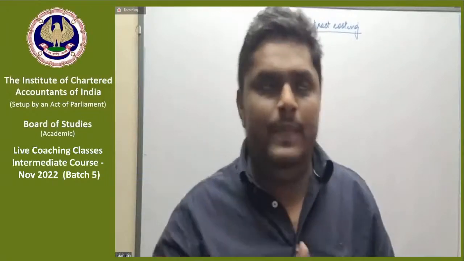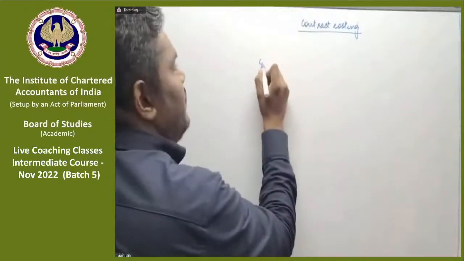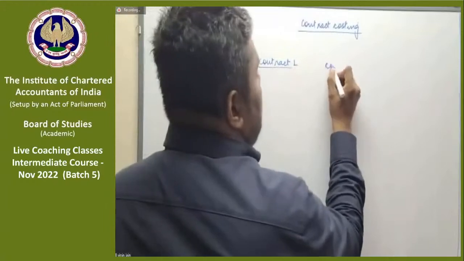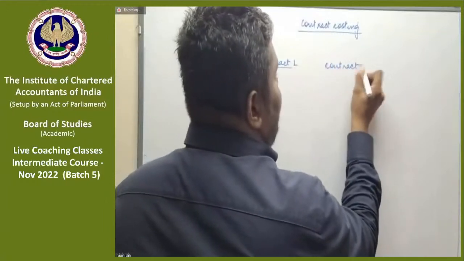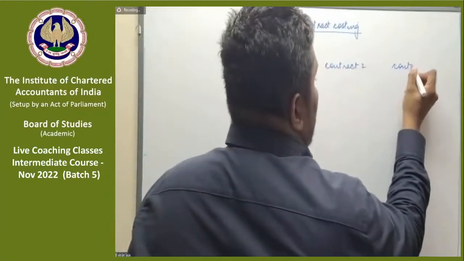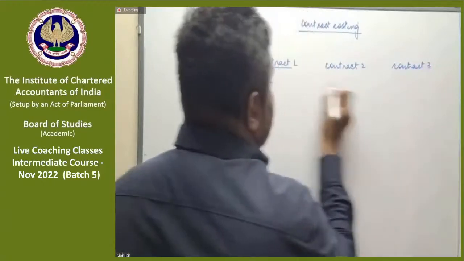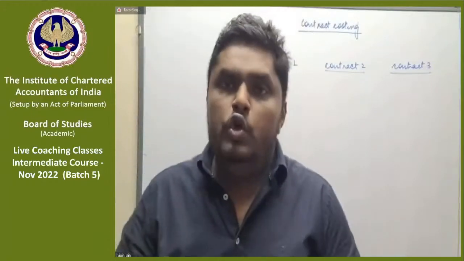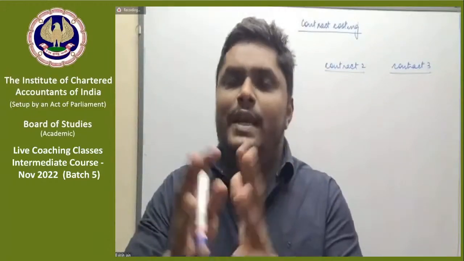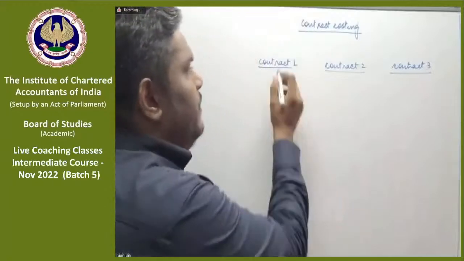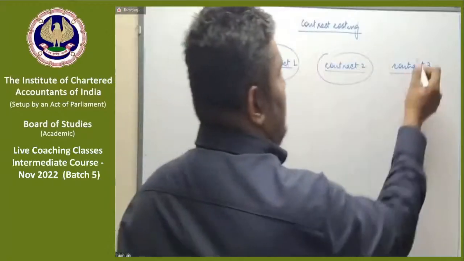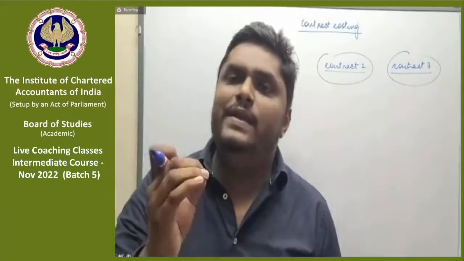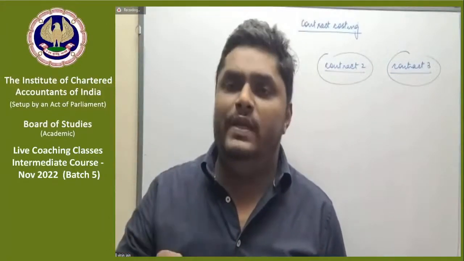Let's say I have been awarded 3 contracts from various contractees: contract 1, contract 2, contract 3. So to record all the expenses relating to a particular contract, we will prepare a contract account. Since all these 3 contracts are different, a separate contract account is to be prepared for every contract.